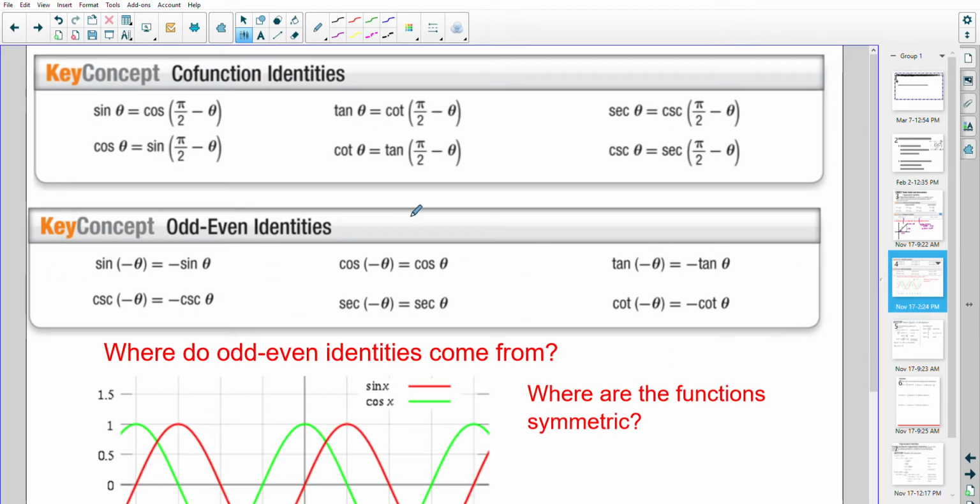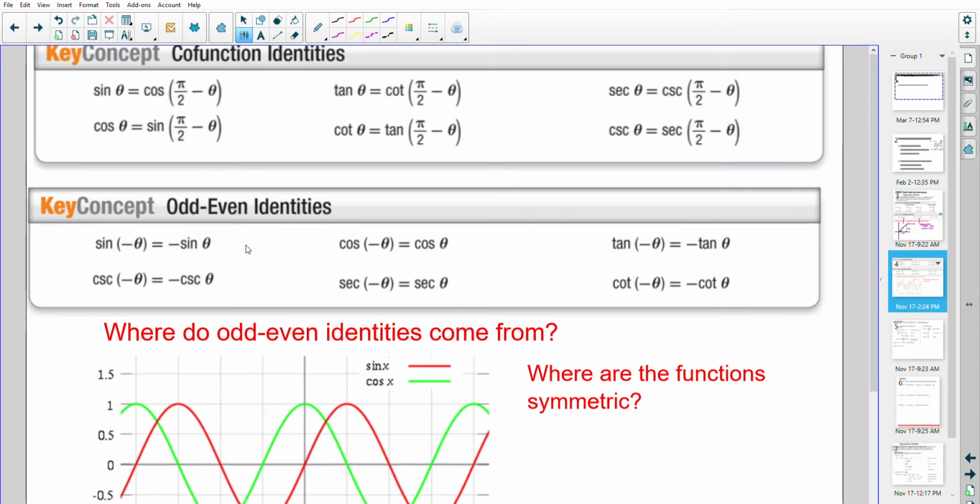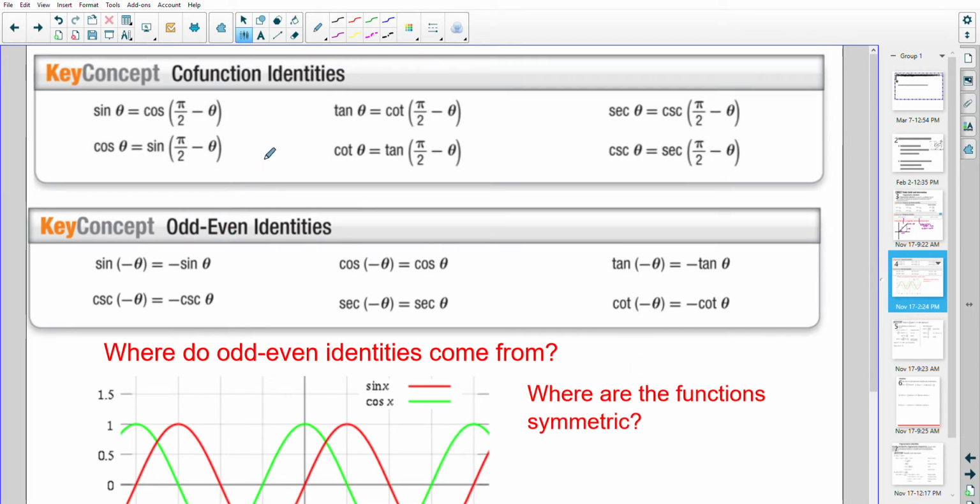Now on the next slide, you're going to also see cofunction identities and odd-even identities. Cofunction identities are basically from the table. If you remember from the table, the sine of 30 degrees is also equal to the cosine of 60 degrees.